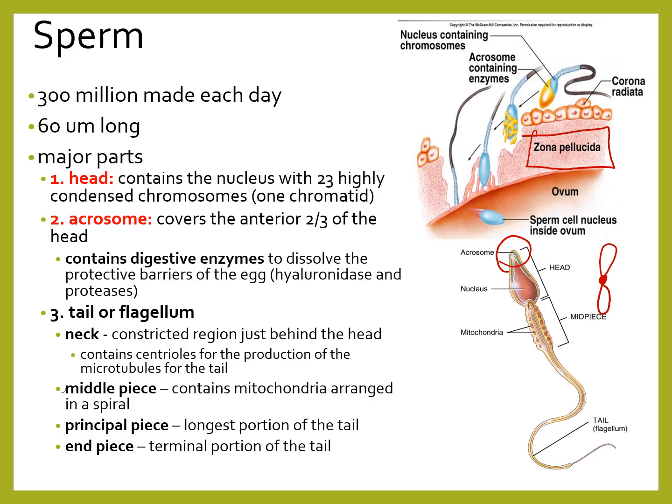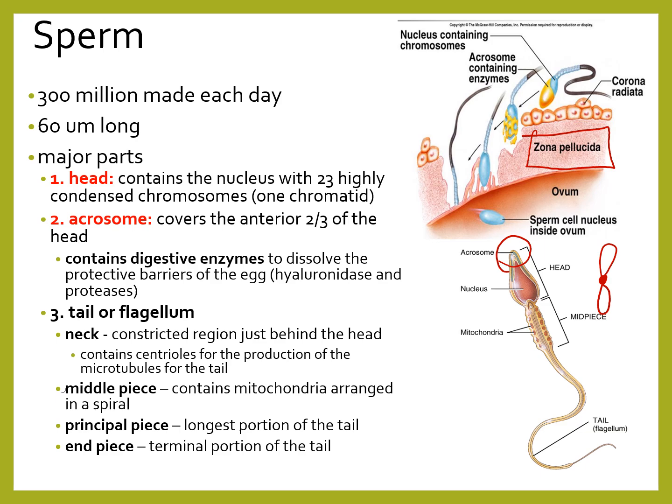And it actually is what the sperm has to dig itself through in order to contact the plasma membrane and get internalized into the egg. So some of the enzymes that are found in the acrosome are there to digest the hyaluronan sugar of the zona pellucida, and there are all kinds of proteases to digest the proteins of the zona pellucida.